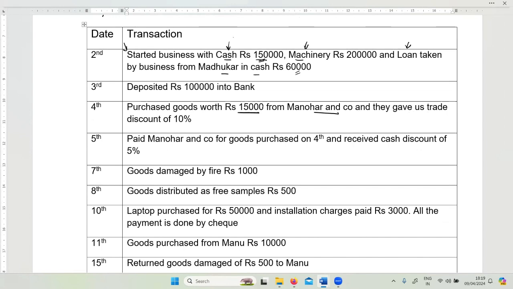They gave us trade discount of 10%. So the trade discount that we have got here is 1500, correct? This is your trade discount, 10% of 15,000. So this I will subtract from 15,000, and whatever remains, that is 13,500, will be my purchases from Manohar and Company. So directly I'm going to write 13,500.